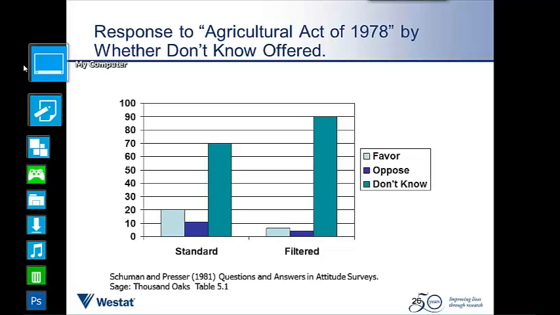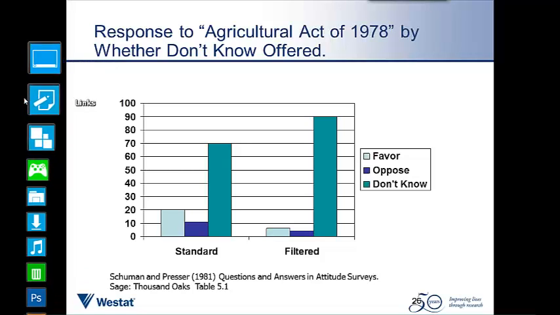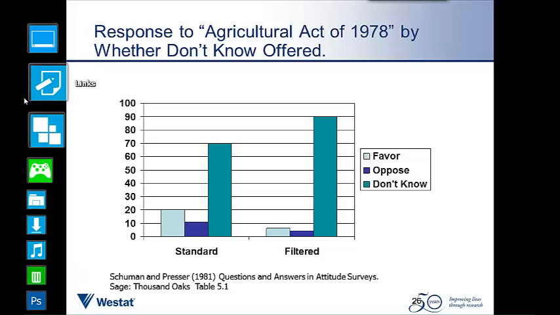When they tested it with an explicit don't know option, do you favor or oppose the Agricultural Act of 1978 or don't you know, that don't know option jumped up to about 90%. And what they saw was, particularly among lower education respondents, the jump between the don't know response for the standard versus the filtered jumped from about 57% up to about 90%.